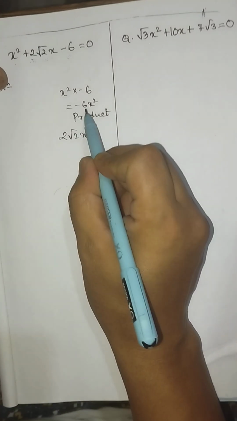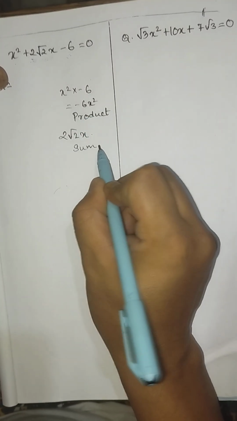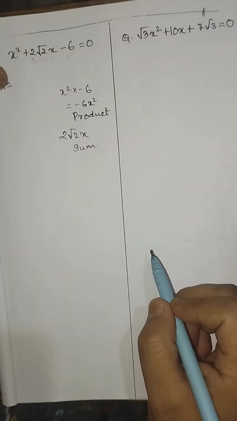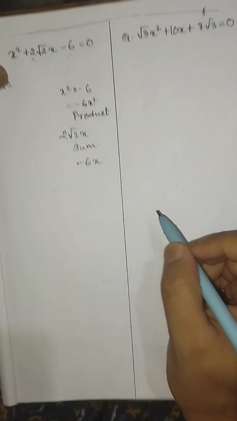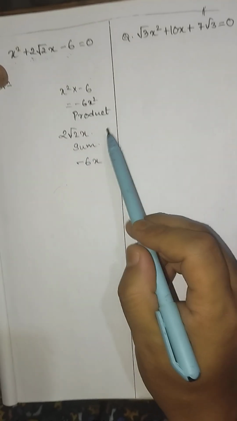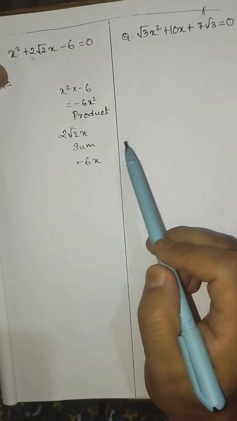तो हमारा प्रोडक्ट हो गया माइनस 6x स्क्वायर और हमारा सम हो गया 2 root 2x. Okay. Now we have to find two such numbers such that the product is minus 6x square, and when we add them up we should get 2 root 2x.